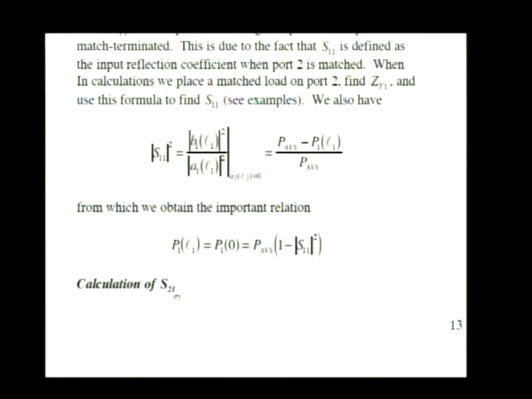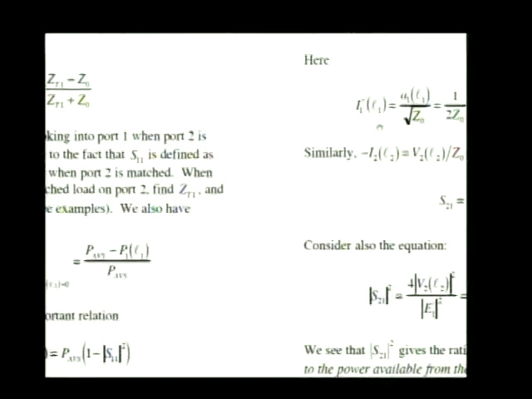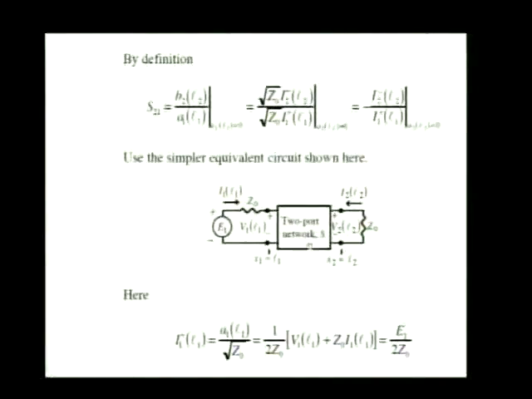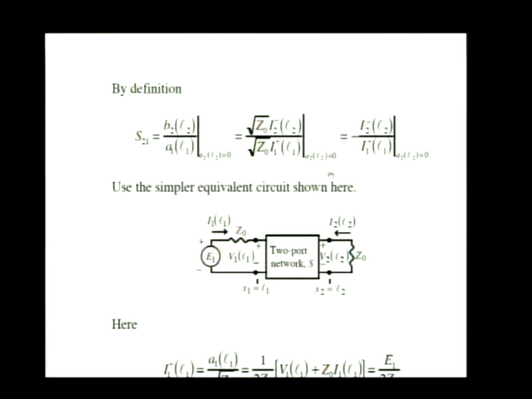We can come up with formulas for calculation of S21 as well by making use of this definition of S21 as the wave out of port 2 divided by the wave into port 1 when we have a matched termination on port 2 to make A2 equal to 0.